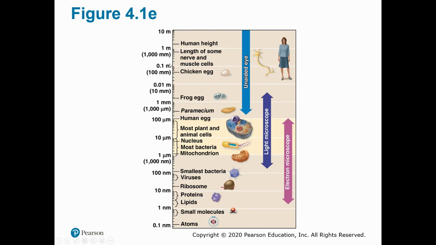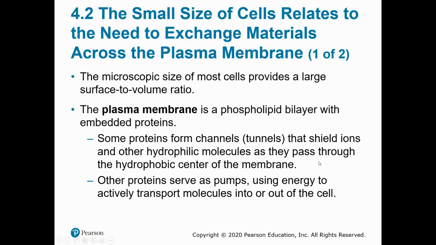Then you've got the millimeter over here and the micrometer, that's your mitochondria, your nucleus. Your human egg is a very large cell, so this is what the light microscope can see. And then when we get smaller, the electron microscope can still see this, but the smallest bacteria, then we've got viruses, and then finally atoms. So that's your size comparison here.